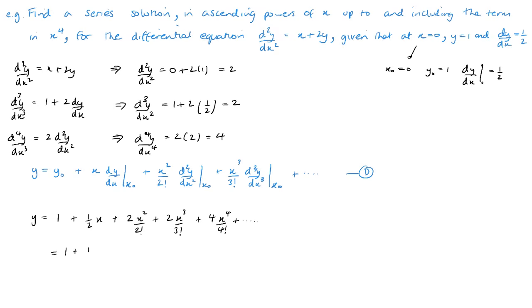So we've got 1 plus a half x plus x squared plus, now 3 factorial is 3 times 2 or 6, but cancelling with the 2 on the top gives me 1 over 3 x cubed plus, now 4 over 4 factorial, the 4 will cancel with the 4, just leaving the 3 times 2 times 1 on the bottom, which is 6.